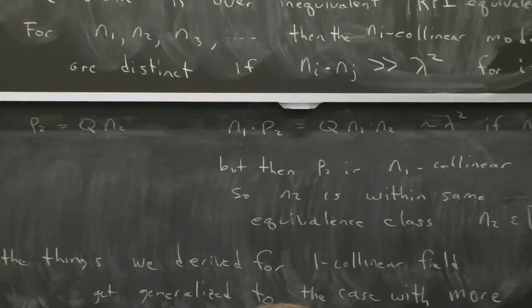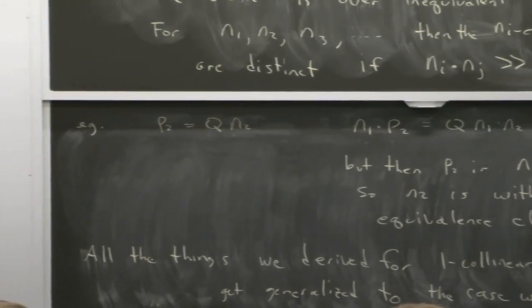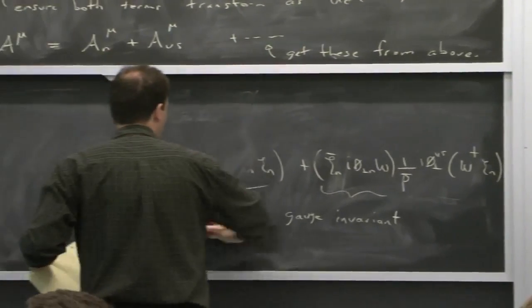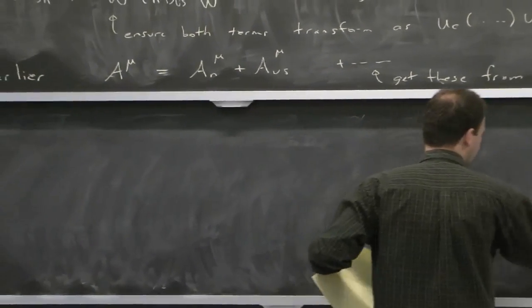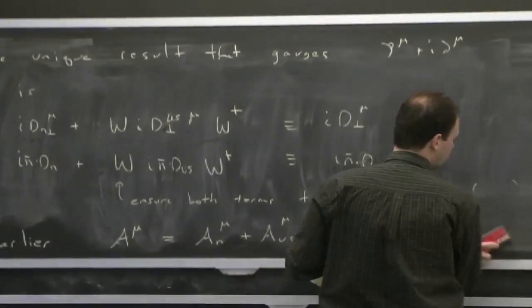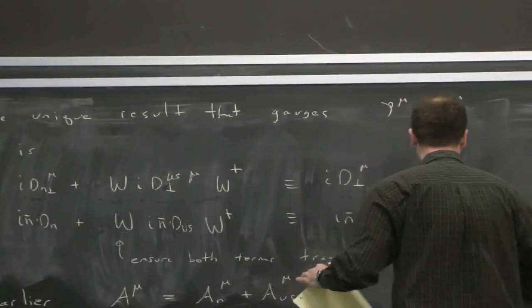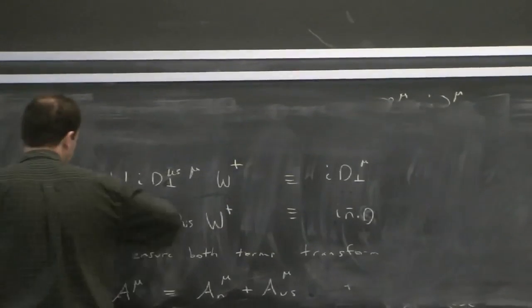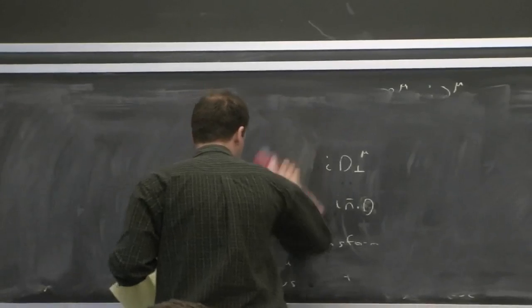So collinear gauge transformations, for example, you would have now a new type of scaling that you can have for different fields. And you could have two different types of collinear gauge transformations, one for your n1 collinear fields, one for your n2. If n1 and n2 are distinct, then those will have distinct scalings for the corresponding momenta, so they'll be distinct transformations.